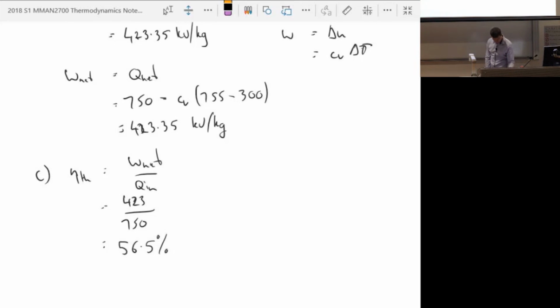Interestingly, you get the same value if you just say 1 minus 1 divided by R to the K minus 1. So if you substitute the compression ratio 8 and K of 1.4 into that, you get 56.5%. So it just shows the equivalence of those things. So we've analysed the whole cycle and just come up with the same thing.